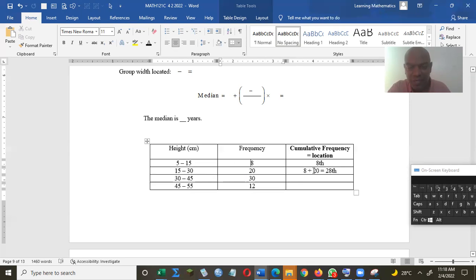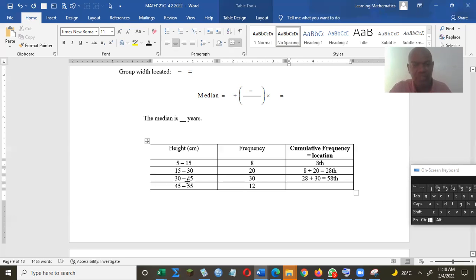You're looking for the 35th. Now you have to continue accumulating because you want the 35th now. So we have to carry that 28 and add it to the 30 to give us 58th. So in the interval 30 to 45, what positions do we have?